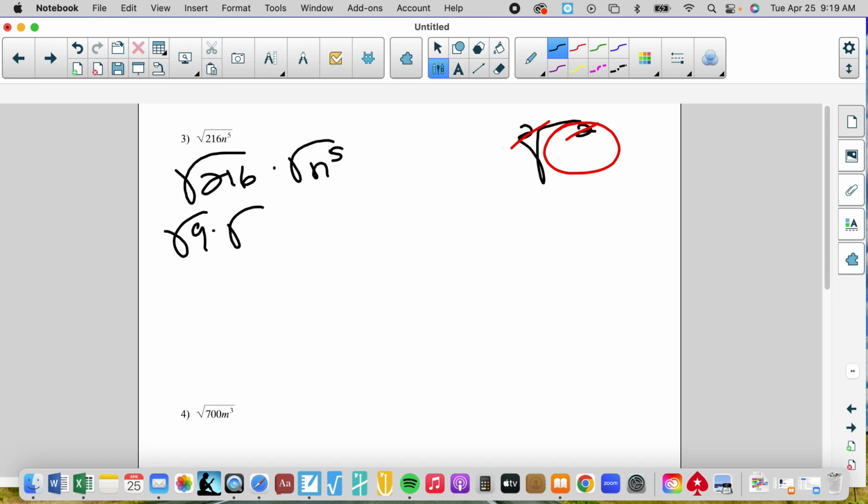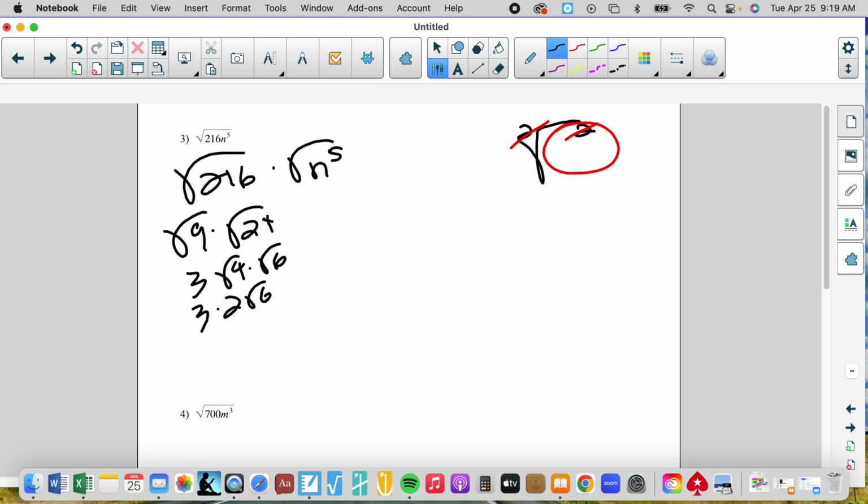And 9 goes into 216, 2, 18, 36, 24? Come on, pen, stay with me. Nope, dead. Pen died. That gives me 24. 4 goes into 24 6 times, so that's 3 times 2 rad 6, or 6 rad 6.